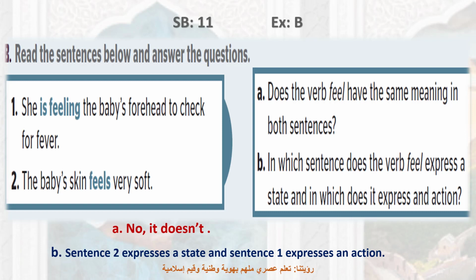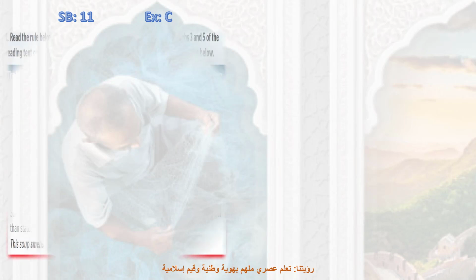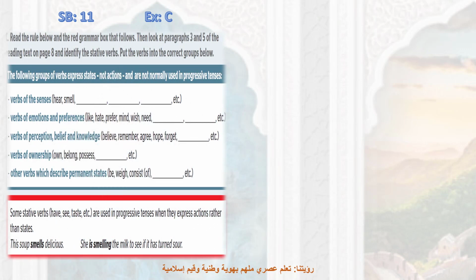I hope you all understand. And now let's move to exercise C. Exercise C aims at spotting stative verbs in an article. Let's read the question first. Read the rule below and the red grammar box that follows.